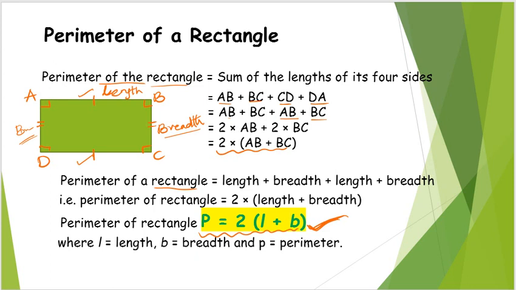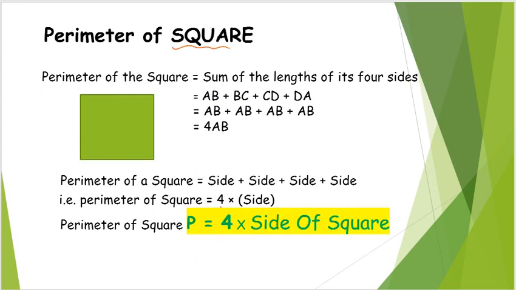Likewise, if we move on to the square, what is meant by a square? In a square all side lengths are equal. That means if I consider this square as ABCD, then AB is equal to BC is equal to CD is equal to DA, and each angle is 90 degrees. Now if I want the perimeter, what should I do? I need to take the sum of lengths, which is AB plus BC plus CD plus DA. Since all the sides are equal, instead of BC, CD and DA, I can write AB, AB, AB.